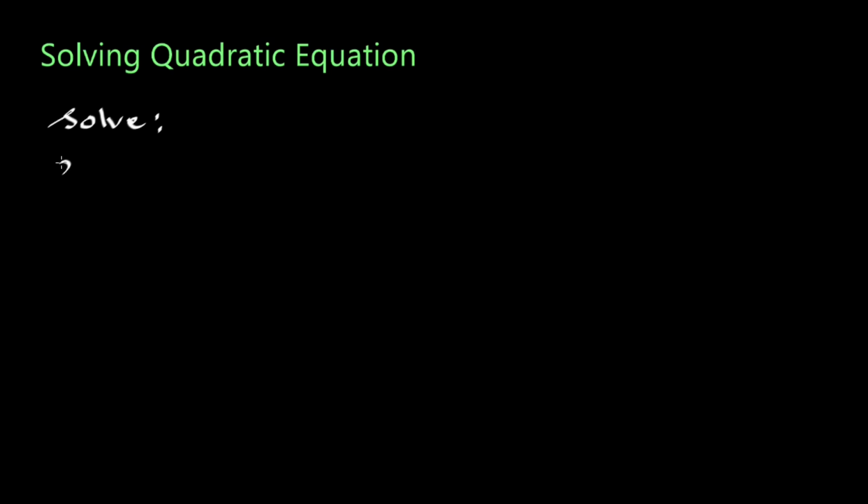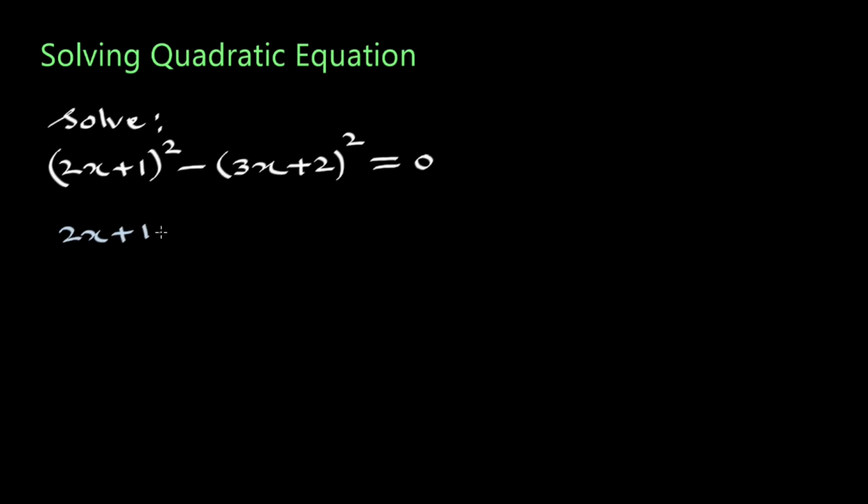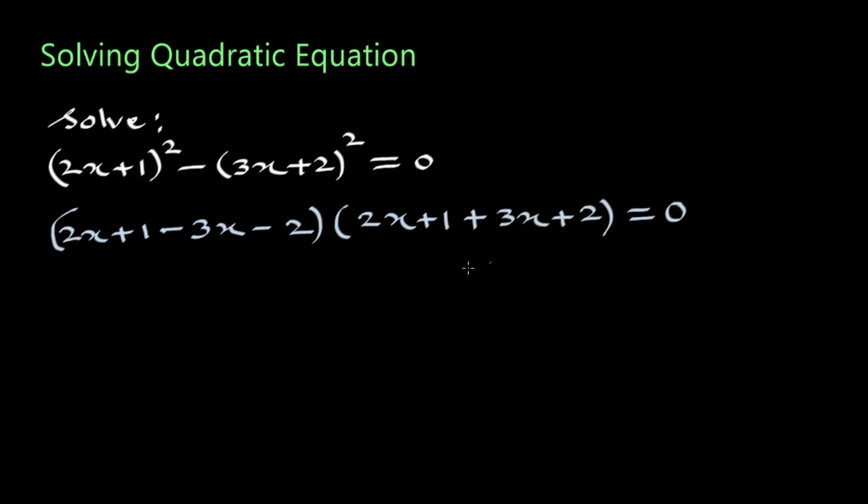Solve (2x plus 1) whole square minus (3x plus 2) whole square equals 0. The left hand side is difference of two squares, which can be factorized as (2x plus 1 minus 3x minus 2) into (2x plus 1 plus 3x plus 2) equals 0.